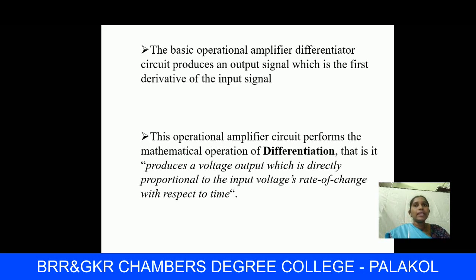The basic operational amplifier differentiator circuit produces an output signal which is the first derivative of the input signal. That means whenever we apply an input to the operational amplifier, it gives the derivative of the input signal.